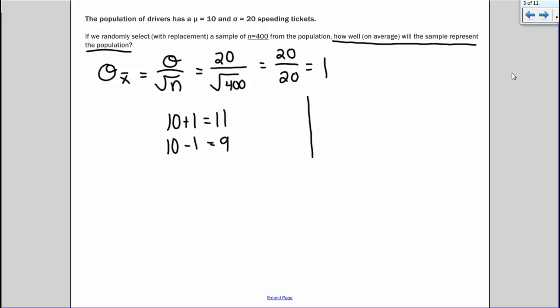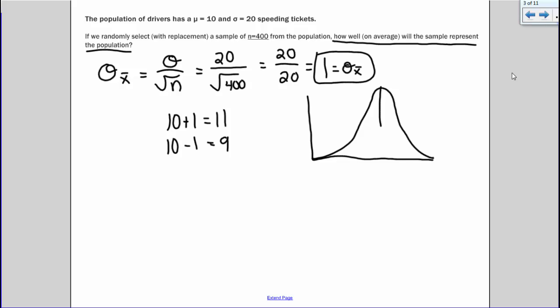So let's go ahead and draw this out, just for kicks. Again, this would be what I would be asking for if this was how the question was framed. But if you're asked for the range of values that you would expect, then I'd be looking for something like this. So we've got our means.